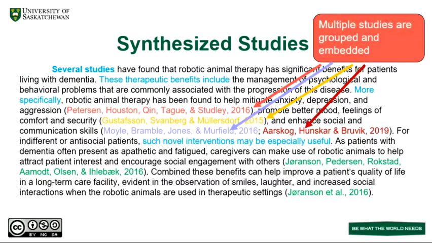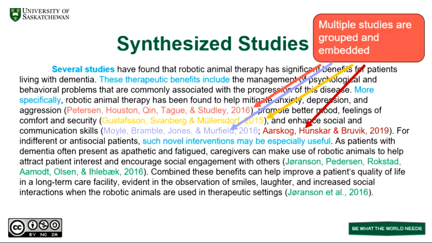And then we have some clustering or grouping of sources in shared parentheses or group citations where appropriate. So, for instance, when we're referencing those enhanced social and communication skills, that very similar information comes from both that 2016 Moyle and Bramble study, and it's very similar to the 2019 study.